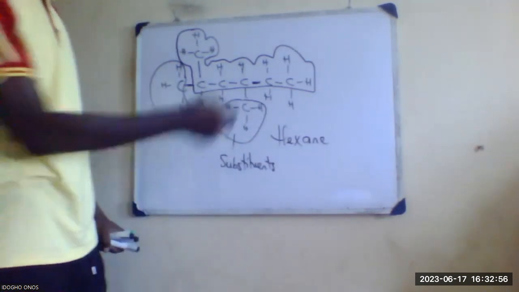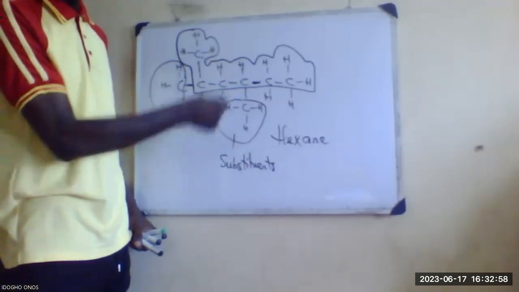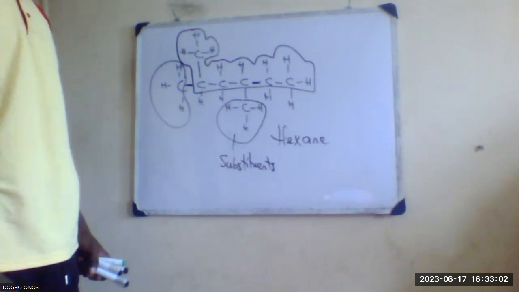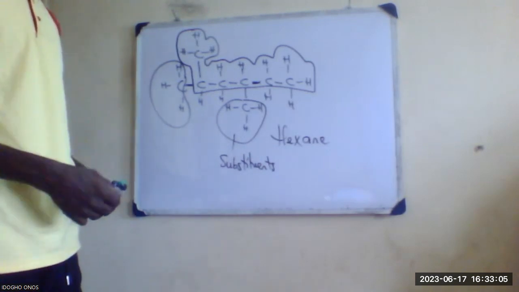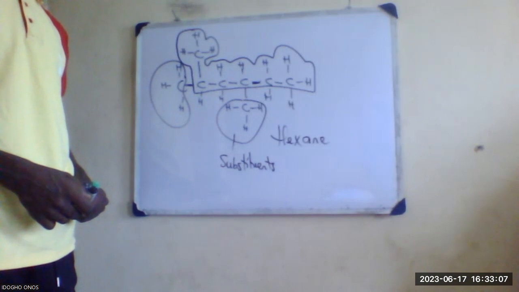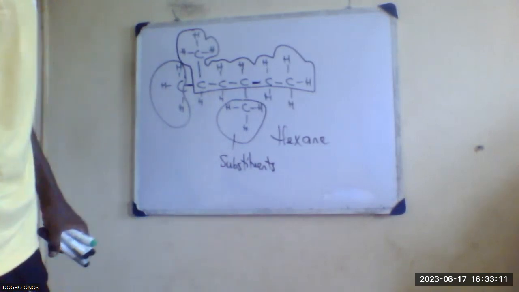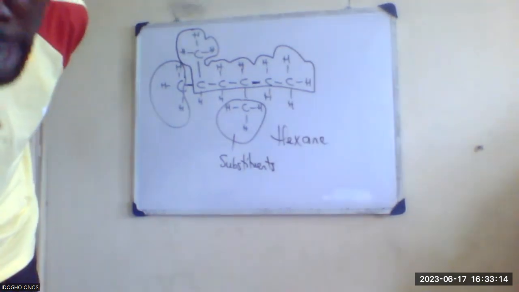Now, the rule is that the substituents should be given the smallest possible number, and that number will determine the correct numbering. Because there's what we call correct numbering and wrong numbering.